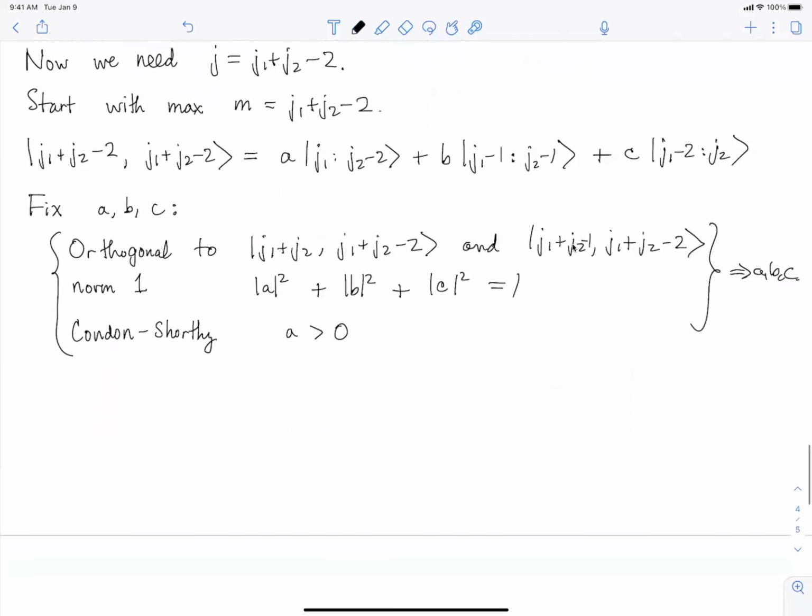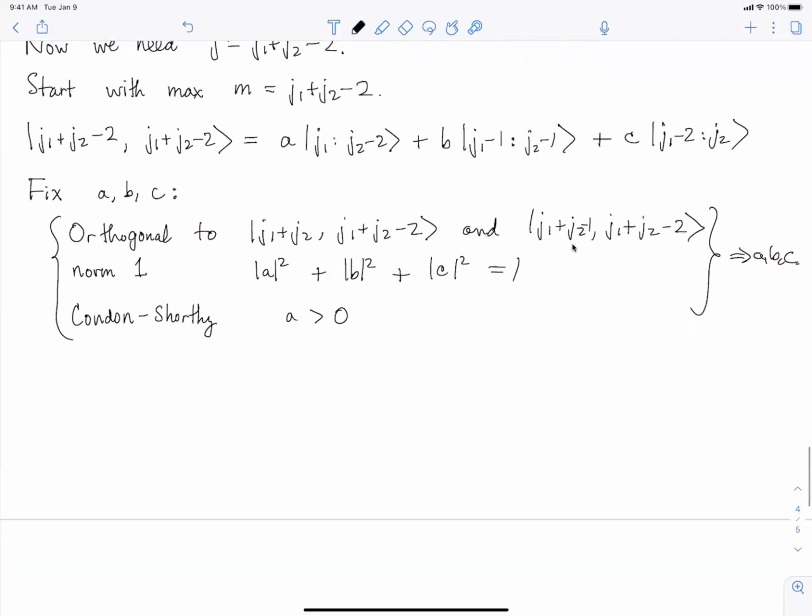All right, so now the general scheme is you just keep doing this. You act with J minus until you get 0.